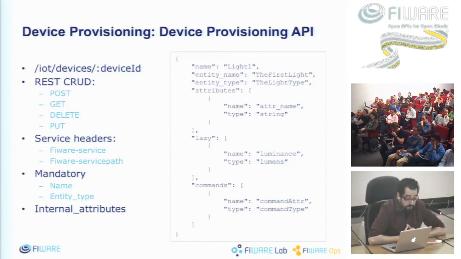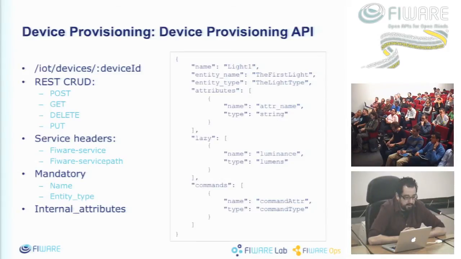You have to notice also that the multi-tenancy system that Fermin also spoke about in the previous talk is in use also for the IoT agents, and it's mandatory to use it.